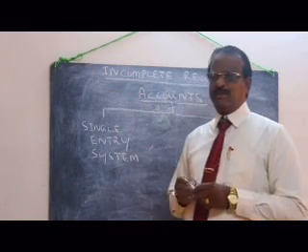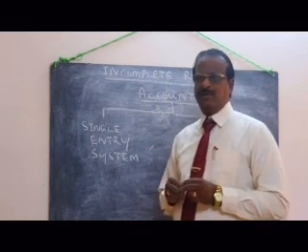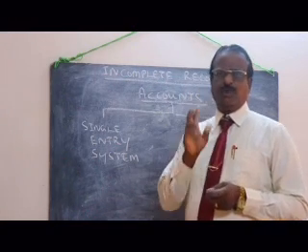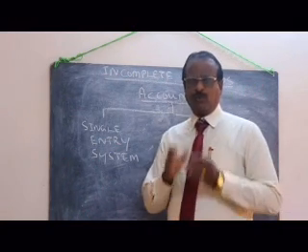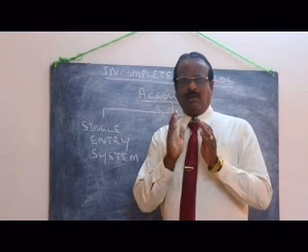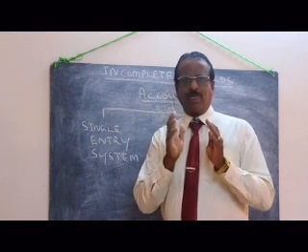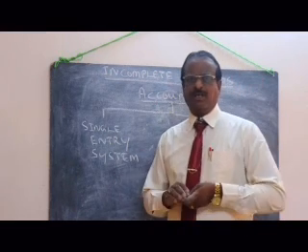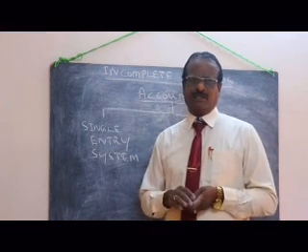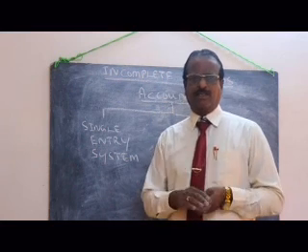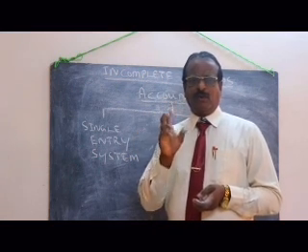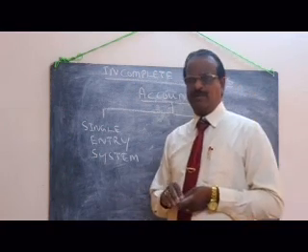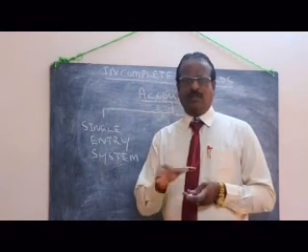The third one is difficulty in ascertaining true profit. We can't calculate true profit in incomplete records or single entry system. Under single entry system, we cannot find out proper profit or loss. The other one is also the same.